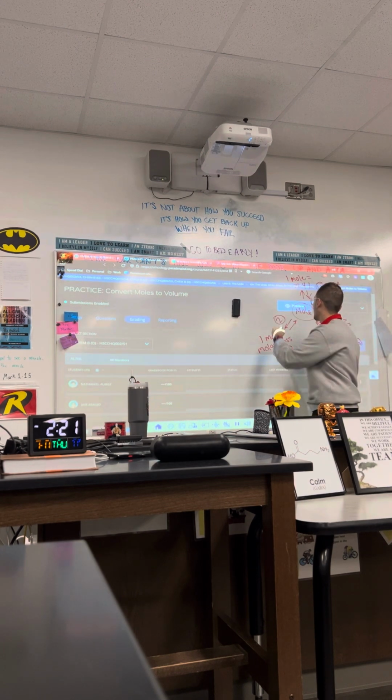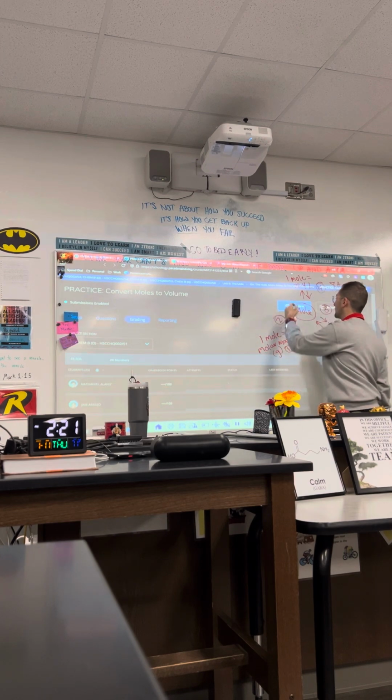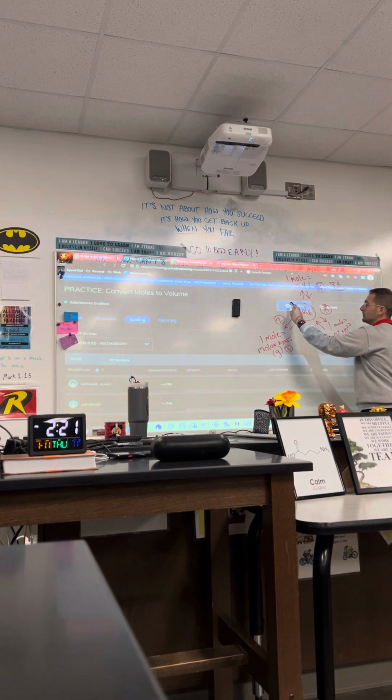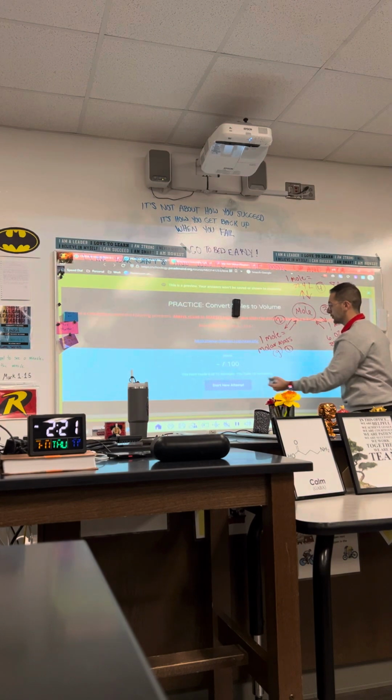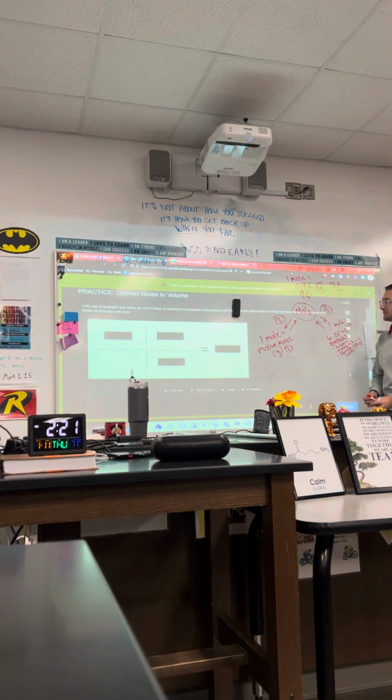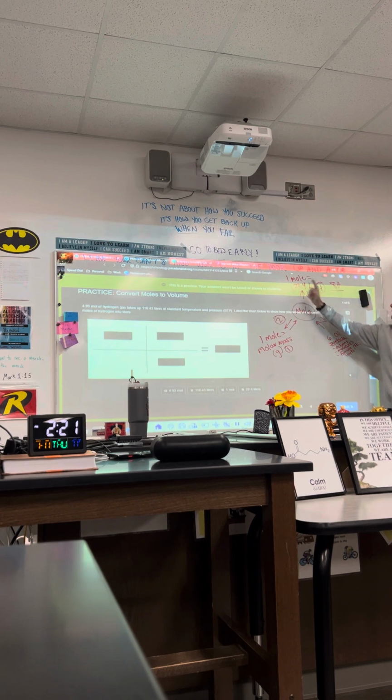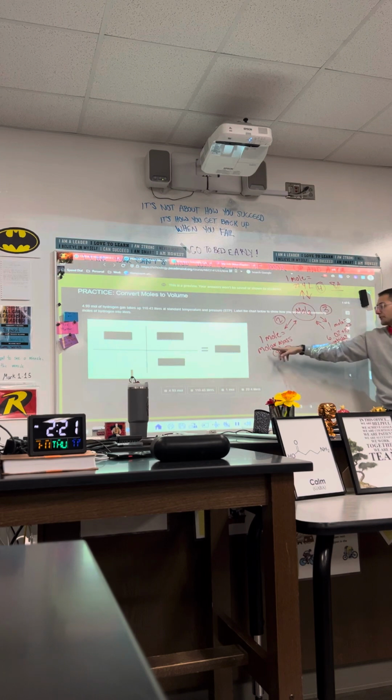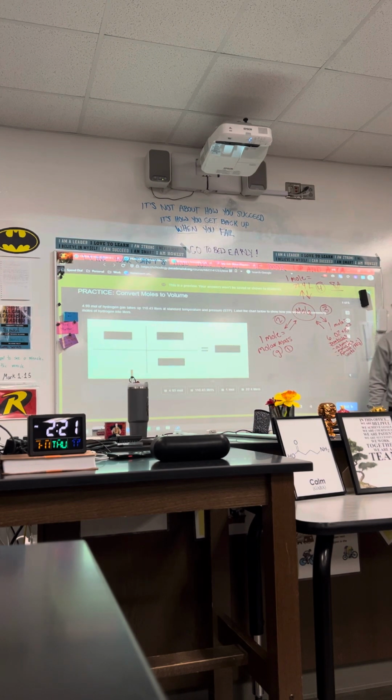Convert moles to volume. I'm doing the first three problems and then we're done. These first three are the same skills. This time our special number is 22.4 instead of 6.02 times 10 to the 23rd and instead of the molar mass. So let's set it up.